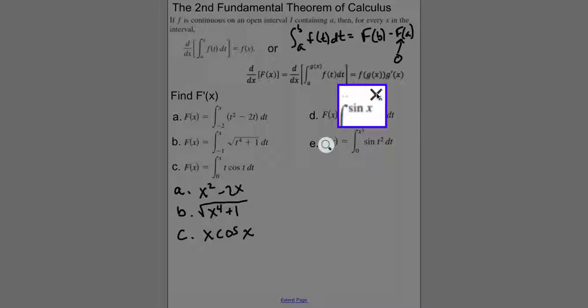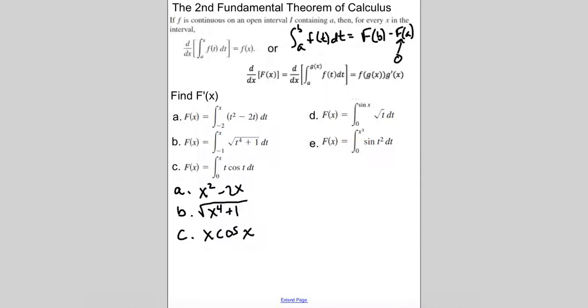Now with D and E, notice here, we're no longer just going to x, we're going to sine x, which means we need to incorporate the fact that g of x is a function of x, and so we need to incorporate that derivative. And so with D, we're going to replace the t with sine x, and so the derivative will be sine x times the derivative of sine, which is cosine x.